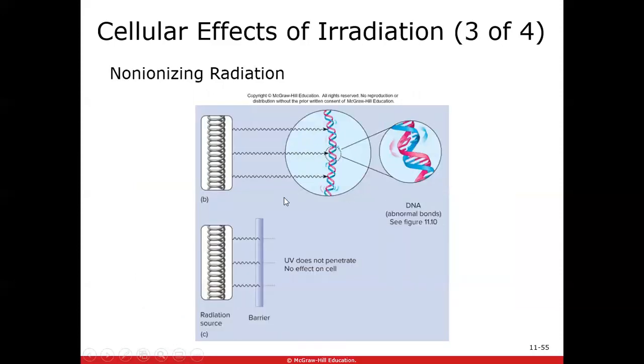So here it shows non-ionizing radiation. With non-ionizing radiation, if there's no barrier, it does the same thing. It causes abnormal bonds in the DNA, RNA. But if there's a barrier, then the UV light does not penetrate, and does not affect the cell.